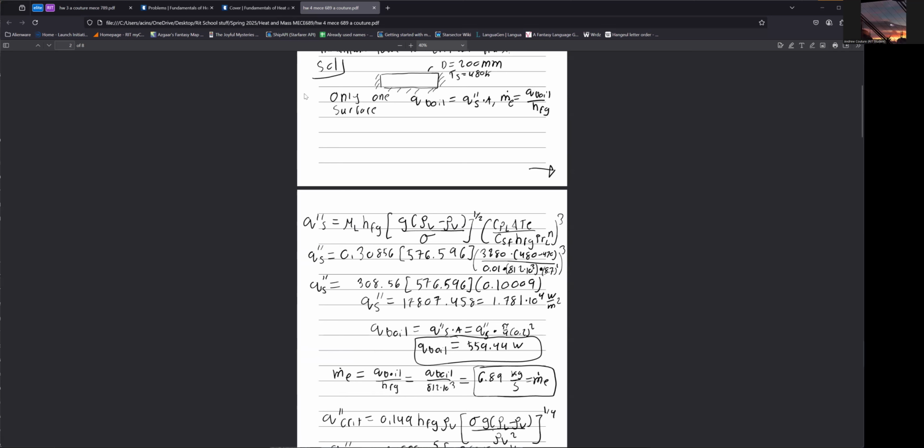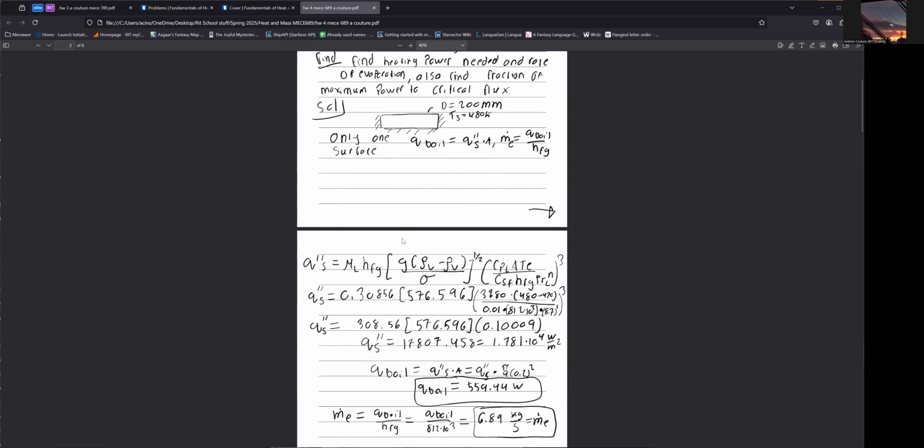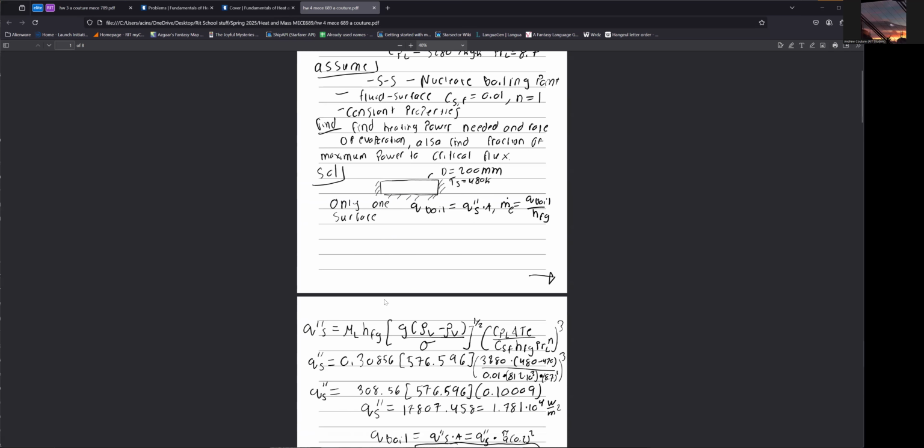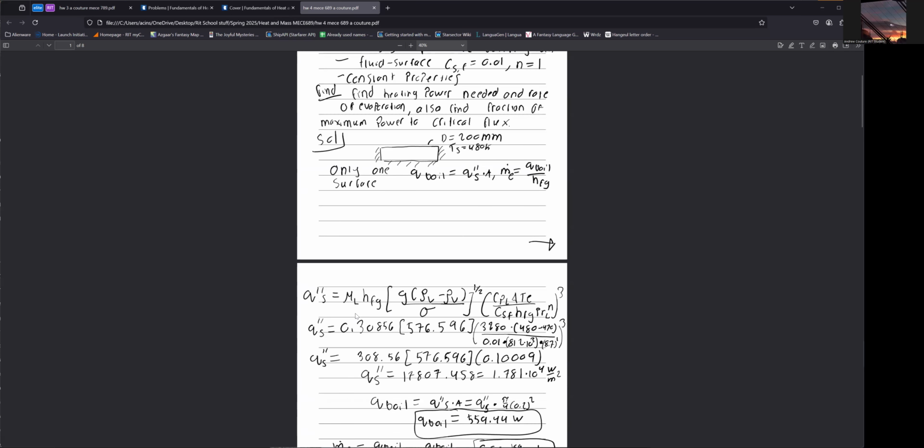Now, using equation 10.5 from the book, you get this, which is a very fun equation, but we have all the numbers to solve it. So it's just a matter of plugging in the numbers. Just to run through the equation though, we have gravity times the density of the liquid minus the density of the vapor over the surface tension, and that's all square rooted.